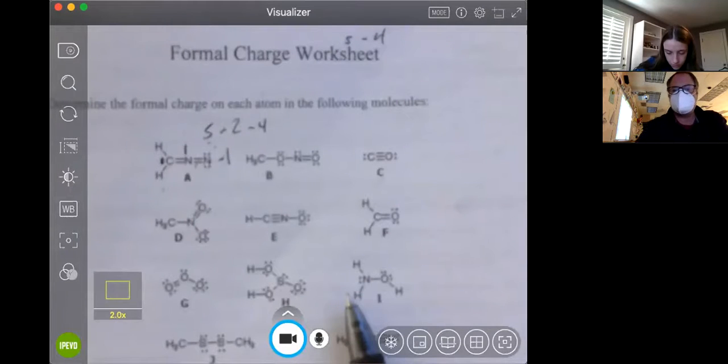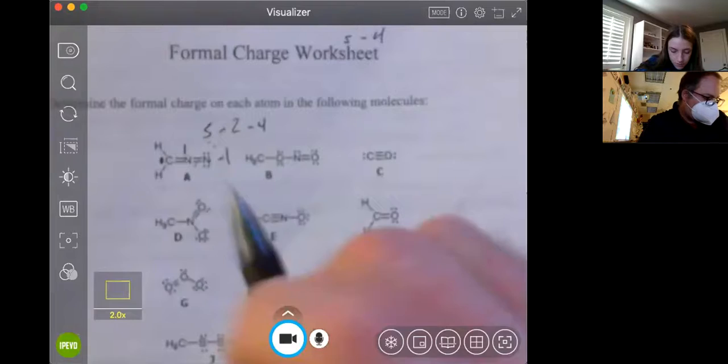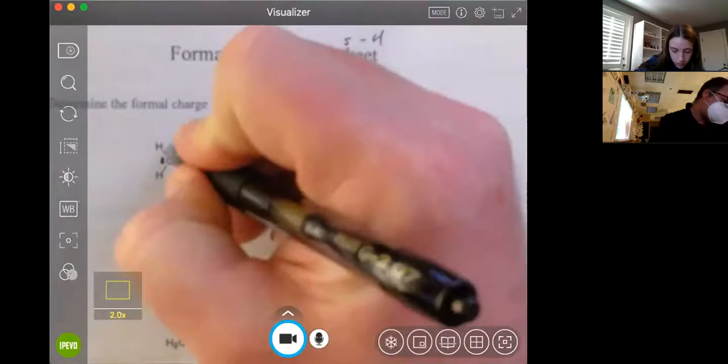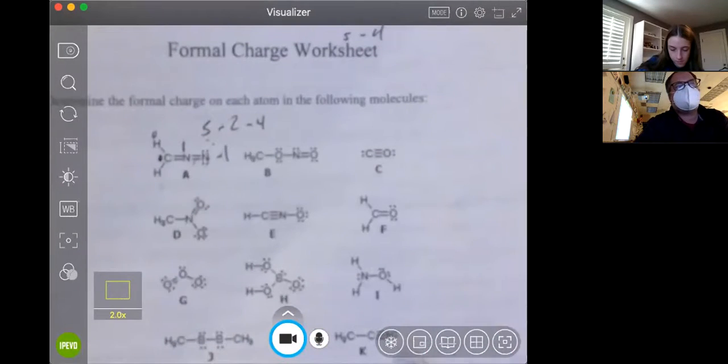Good. How about for each of those H's? 0. Why? Since they have 1 valence electron and you have 1 bond, 1 minus 1 is 0. So each of these has 0 over here. And you have to do this for every single one.